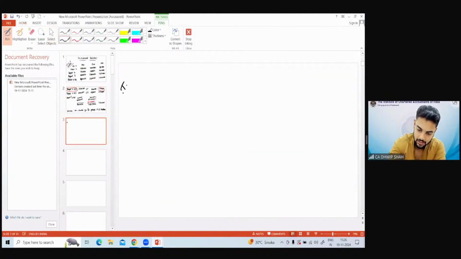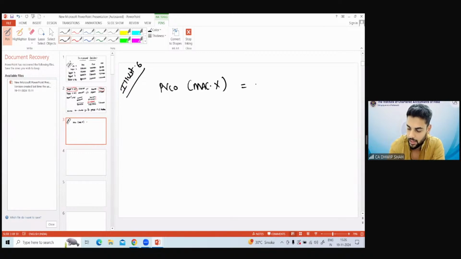Illustration 6. Nowhere in the question is anything mentioned on the cash inflow part. So our comparison would be based on comparing PVCO of machine X with PVCO of machine Y. Are you getting this?